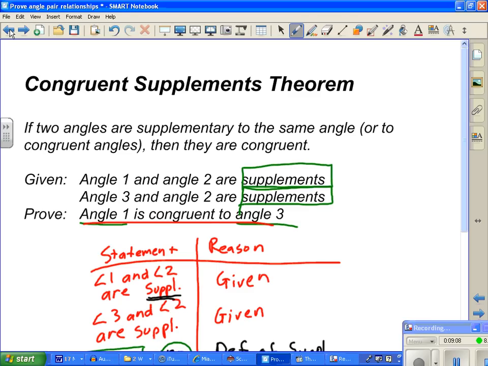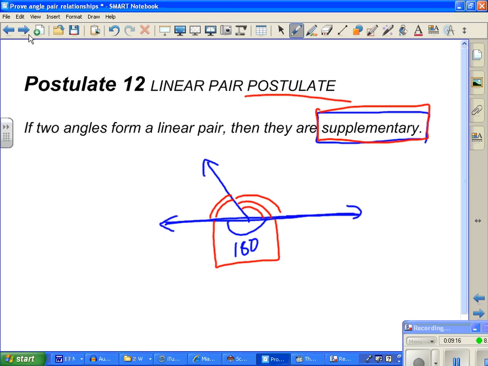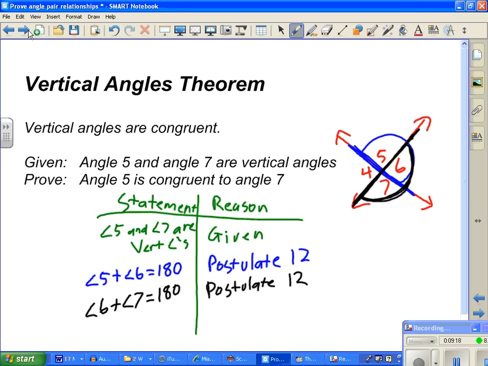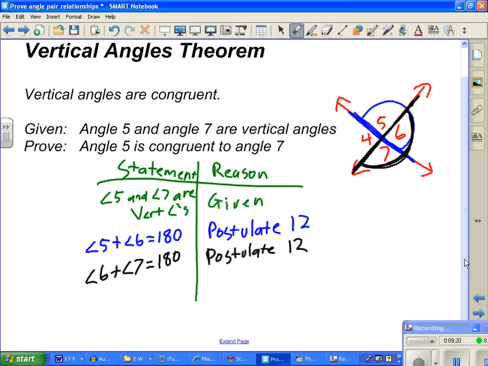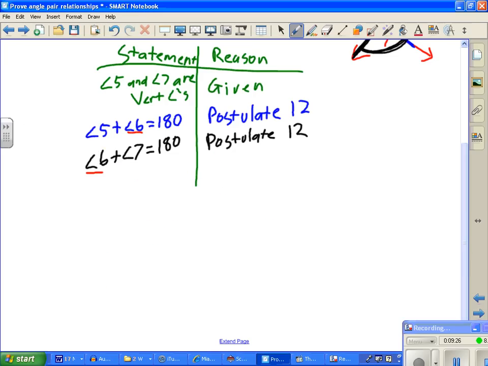that congruent supplements theorem, if two angles are supplementary to the same angle, then they're congruent? And I just proved that. Isn't 5 supplementary with 6 and 7 supplementary with 6? So can't I use that theorem to say that angle 5 equals angle 7? And what theorem was that?